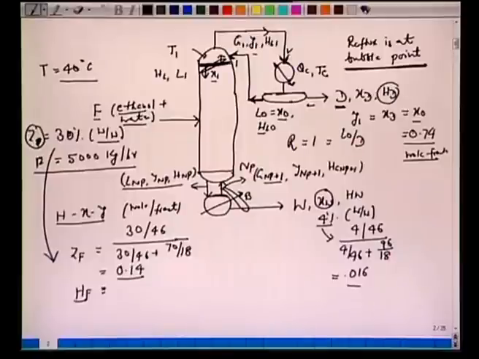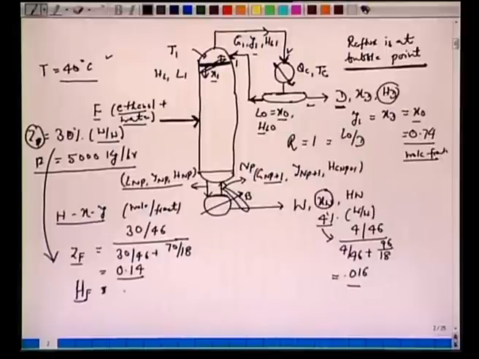Now we are using this nomenclature ZF because it's very important that we understand the state of this feed here. If the temperature is given as 40 degrees centigrade and the mole fraction is given here, one can also calculate the enthalpy of the feed to see whether it's a cold feed, or a mixture of liquid plus vapor, or a vapor.